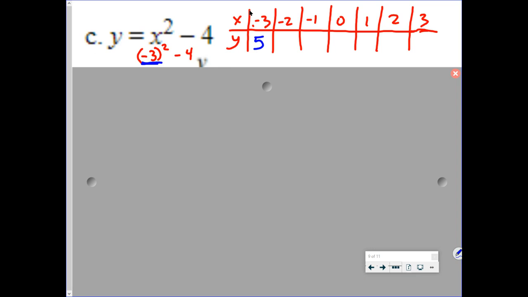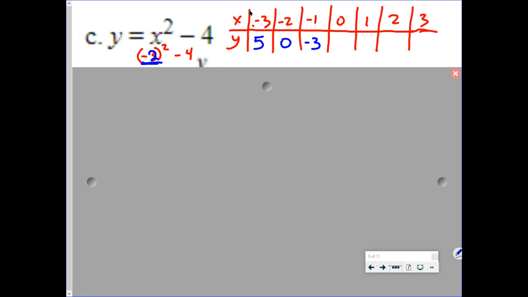Okay, so you should have this table filled out. Please tell me you did it because that helps so much with making sure that you understand. So if x is -2, -2 squared is 4, minus 4 is 0. When x is -1, -1 squared is +1, minus 4 would be -3.